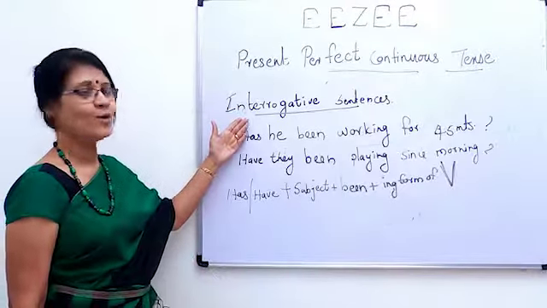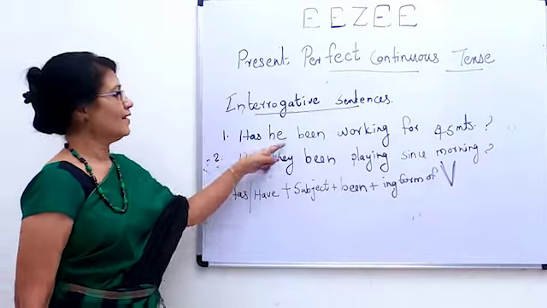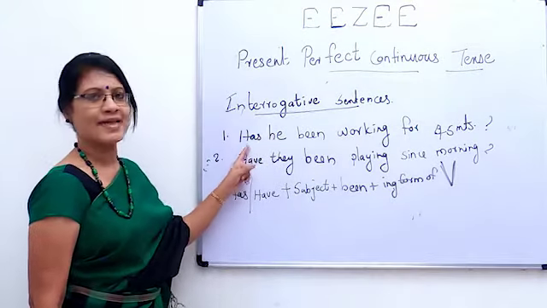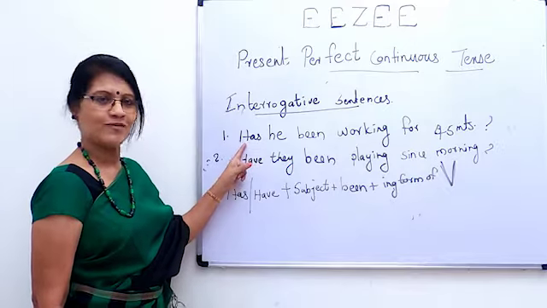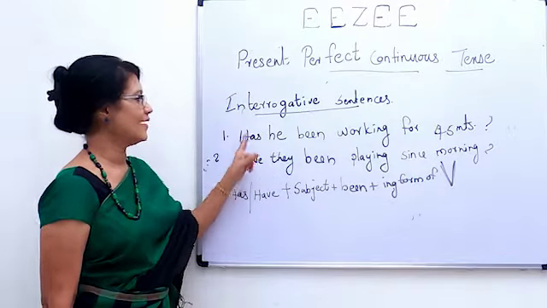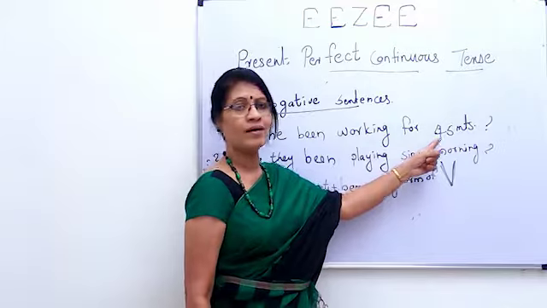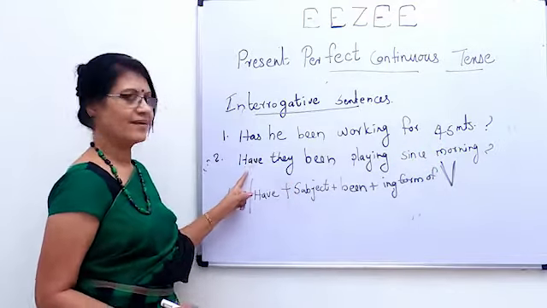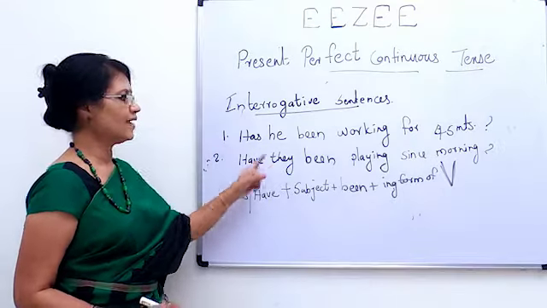Now the interrogative sentences. Here, subject and auxiliary inversion. Has comes first and then the subject. Has he been working for 45 minutes? Have they been playing? Here the helping verb, here the subject.